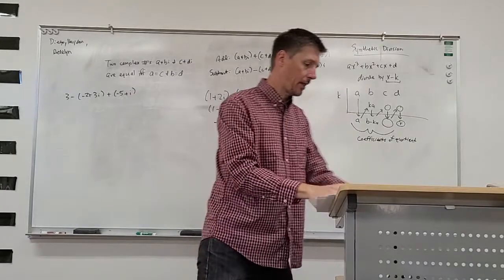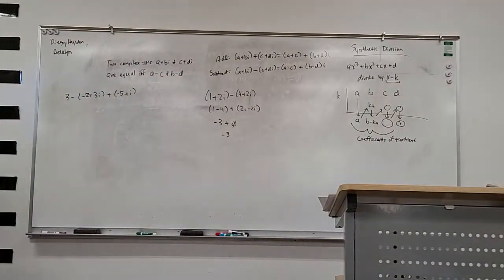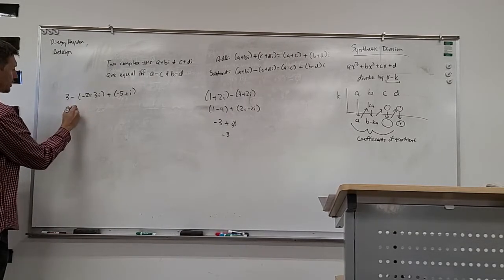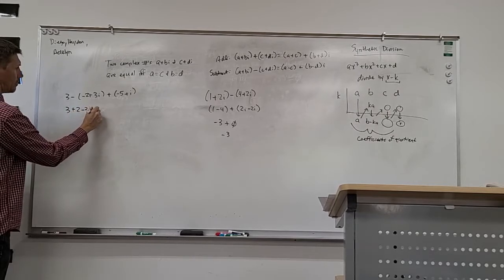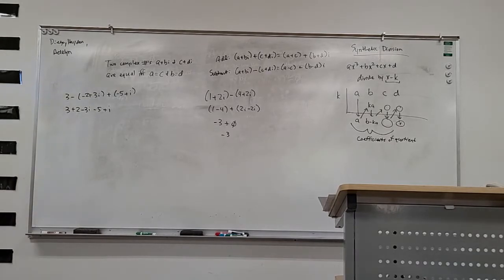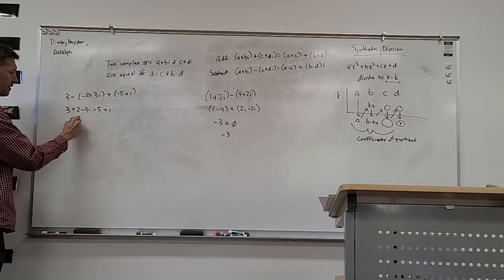So again, I think the simplest thing to do is just kind of think about this like any other variable term, right? So you've got 3, we could rewrite this as 3 plus 2 minus 3i minus 5 plus i. Combine like terms, 3 plus 2 is 5, 5 minus 5 is 0.